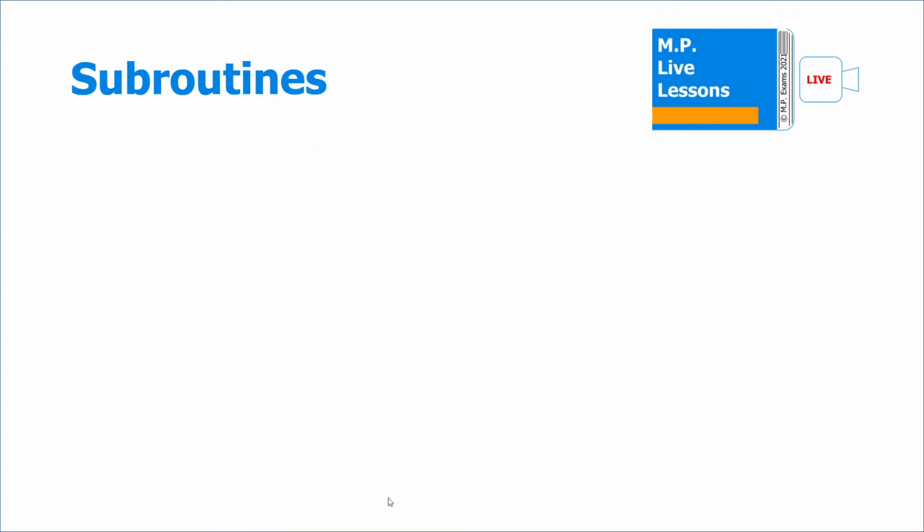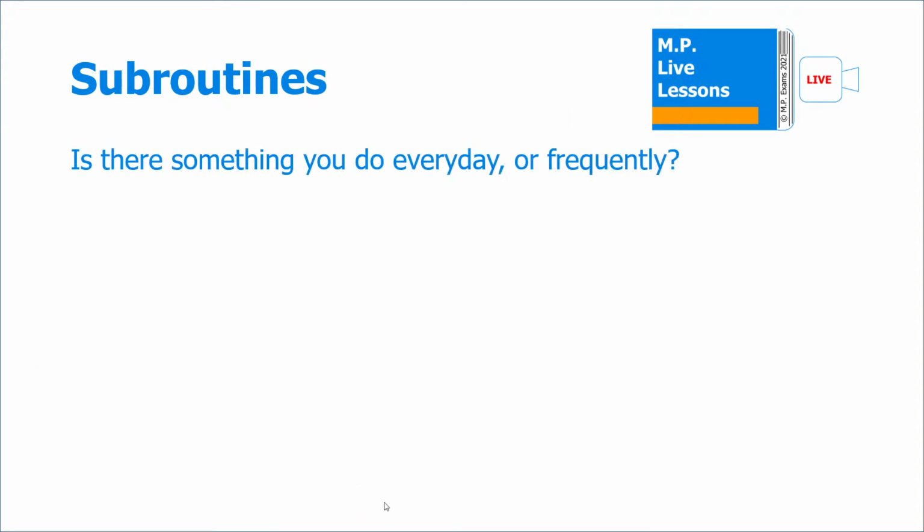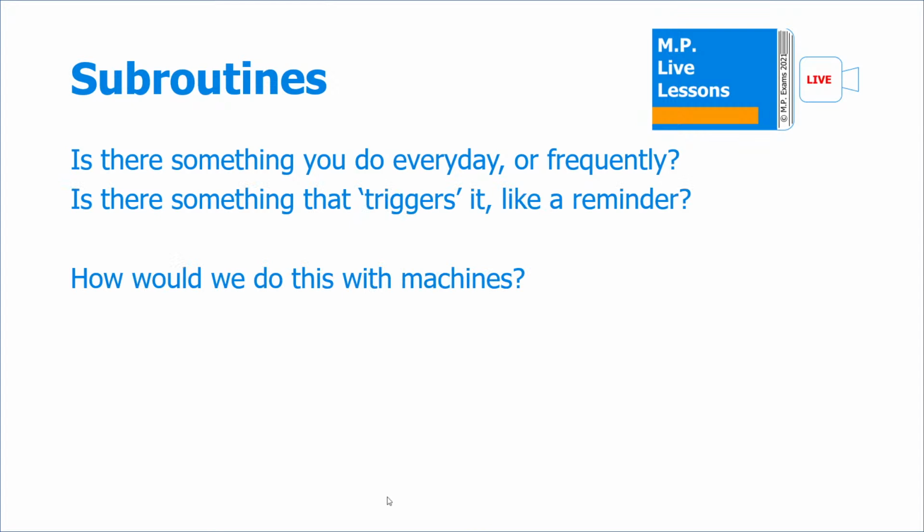Next thing you'll need to look at are subroutines. Now, think about something you do, let's say, every day or frequently. Is there something that triggers it? For example, waking up is something you have to do every day, and it could be triggered by your alarm clock. How would we do this with machines?